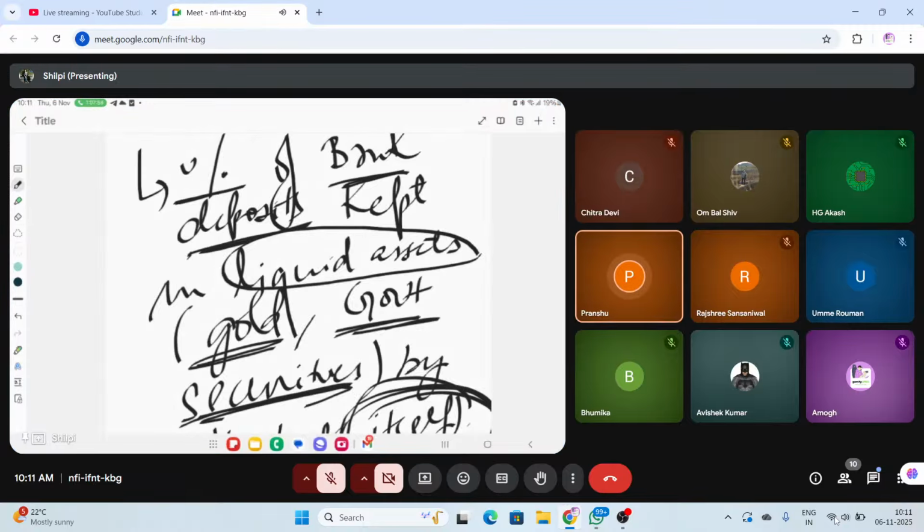Ma'am, both of these things, CRR and SLR, both are compulsory, right? Yes, both are compulsory. So, ma'am, how can RBI keep a check on SLR? There is a proper mechanism. It doesn't function as we see.